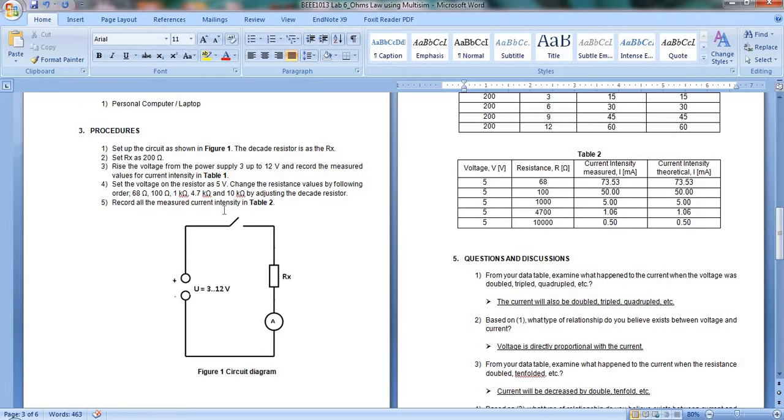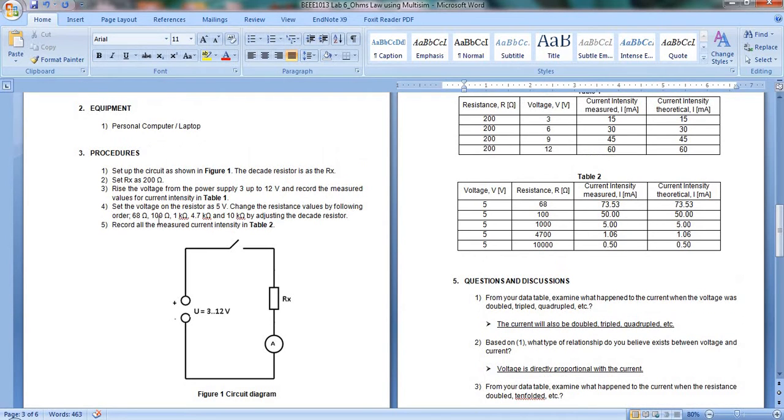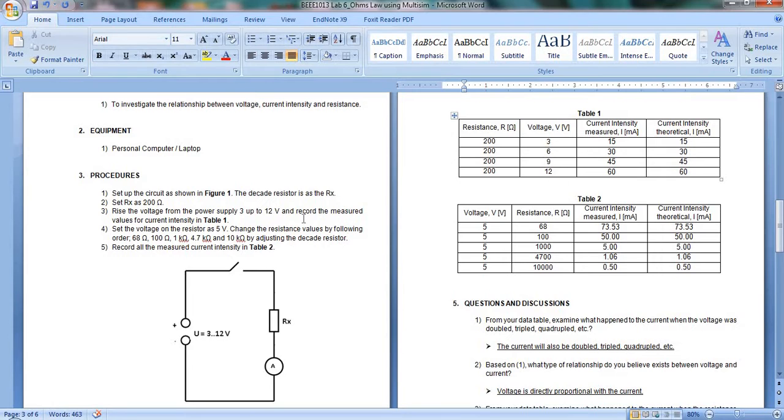Okay, first there are two parts in this lab session. First, I need to use a 3 volt power supply and increase it until 12 volt according to this table 1, and measure the current intensity.